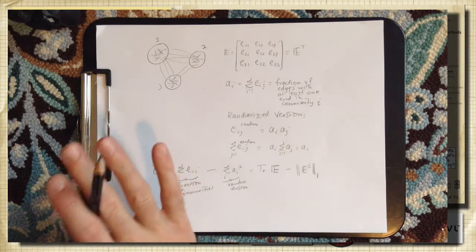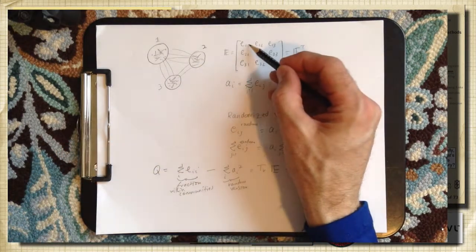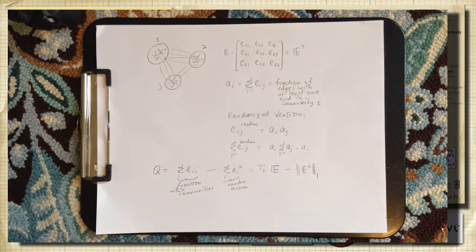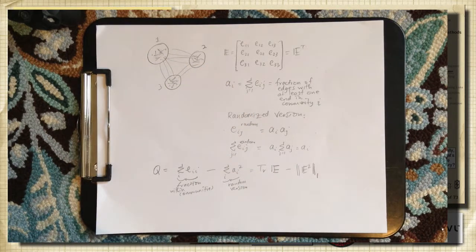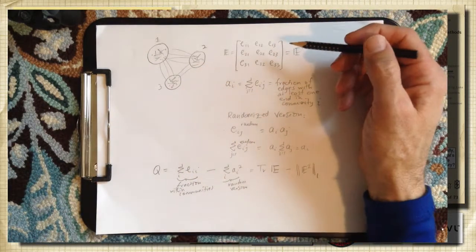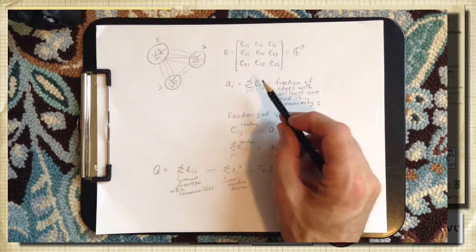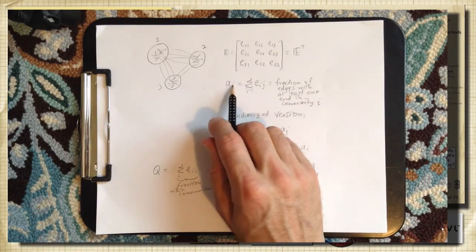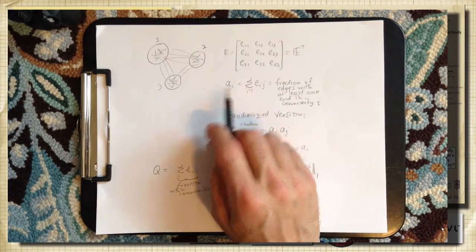That can lead to some problems, but that's just the way this is. So e_11 is the fraction of all edges that are between nodes in community 1. If we sum across j, we'll call this a_i. This is the fraction of edges that have at least one end in community i.